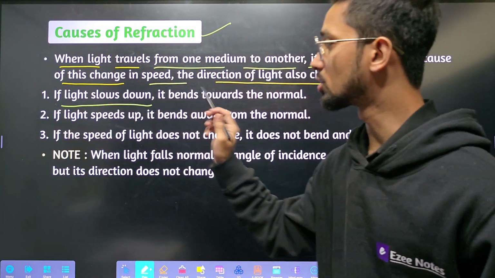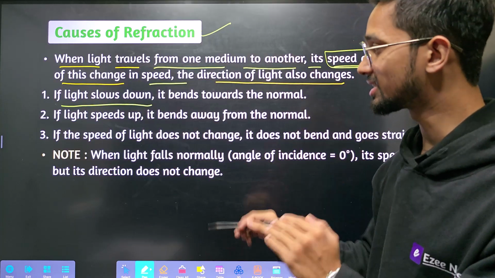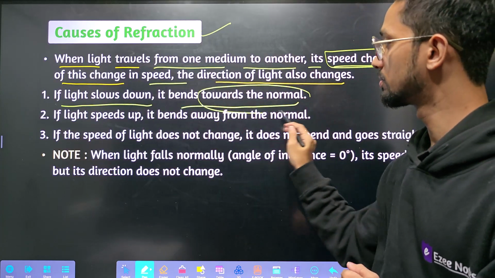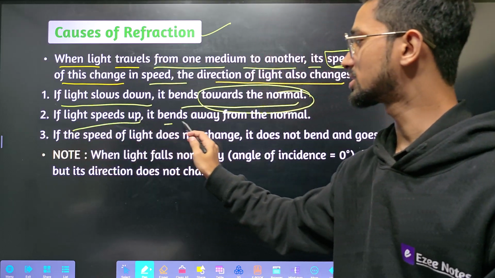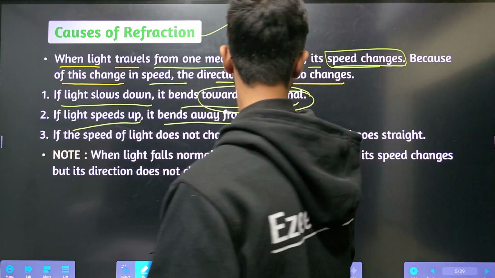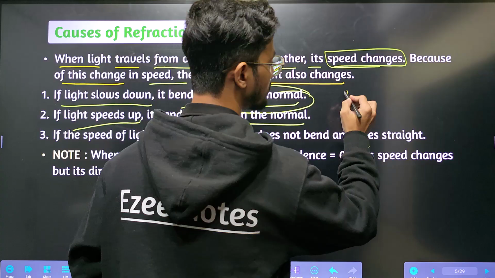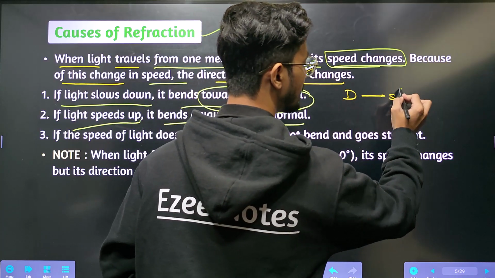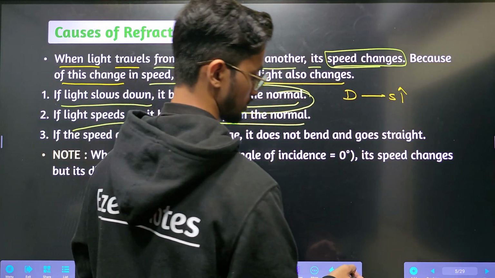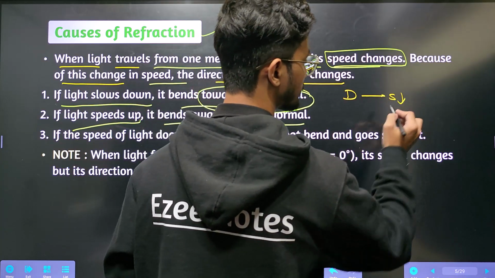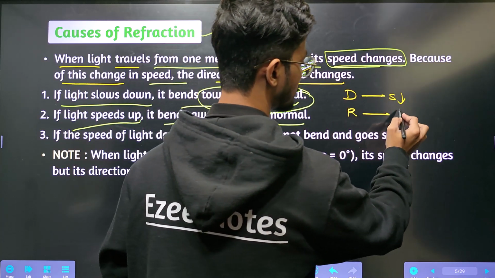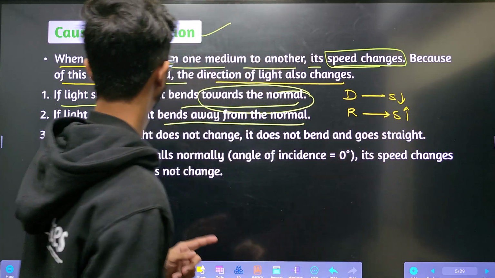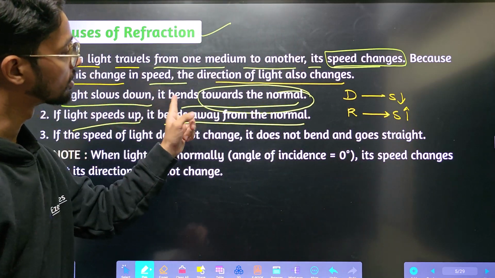Next, if the light slows down, if the speed decreases, it bends towards the normal. If the speed increases, it bends away from the normal. It means that in a denser medium, speed decreases. In a rarer medium, speed increases. If light slows down, it bends towards the normal.